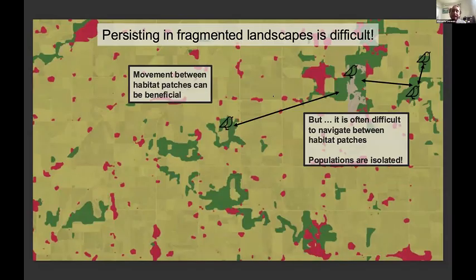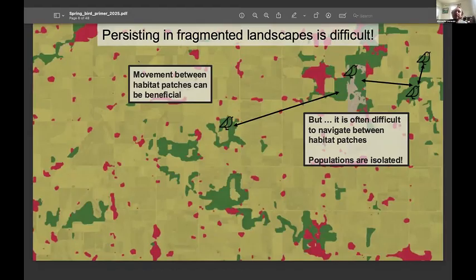One is that maybe there's a habitat patch out there that would be good habitat, and if individuals are able to disperse over to that unoccupied habitat, maybe they can colonize that little habitat patch and start a new population. And then in addition, for these small populations that already exist, the movement of individuals into those populations can mitigate some of those small population problems that threaten their existence.